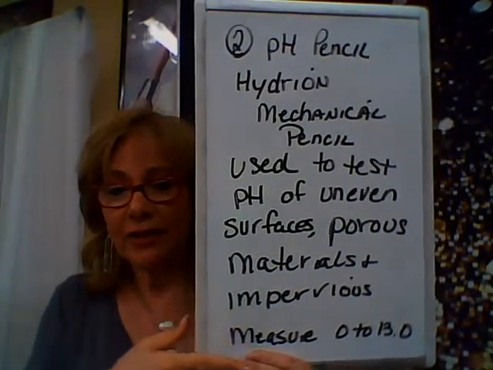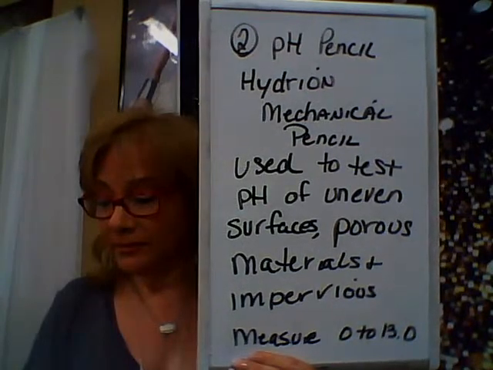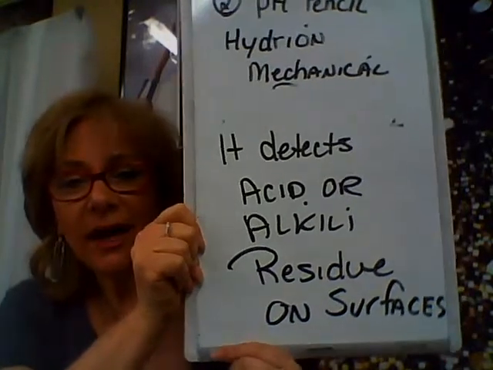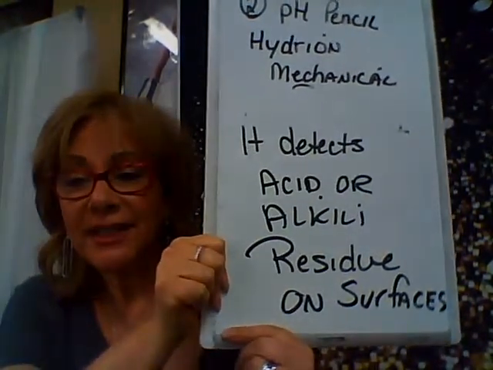Okay, and again, it measures 0 to 13. I'm going to write that it detects, so you see the spelling, acid or alkali residue on surfaces. I'm thinking CSI stuff. That's me. So that pencil can help you determine an acid or alkali residue on surfaces.